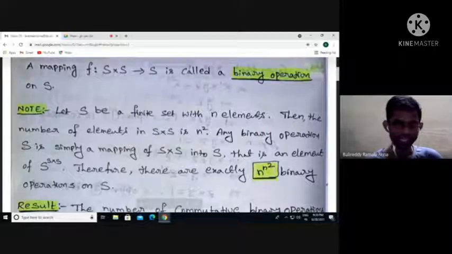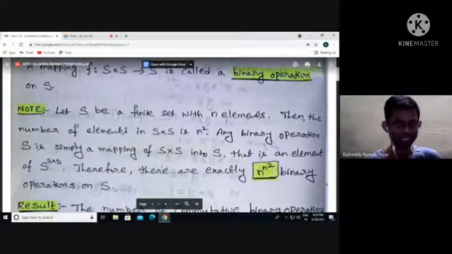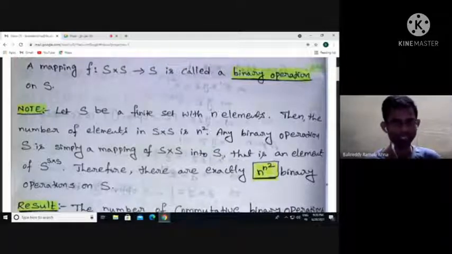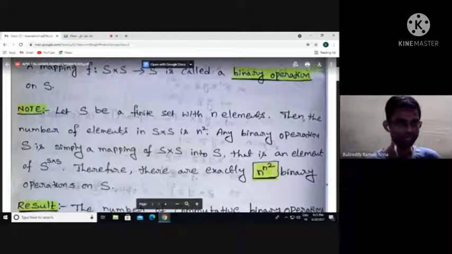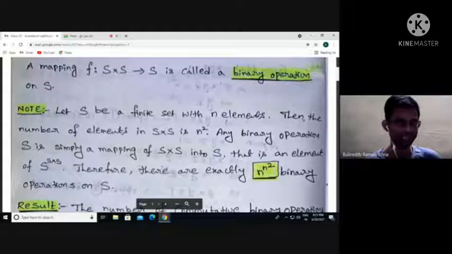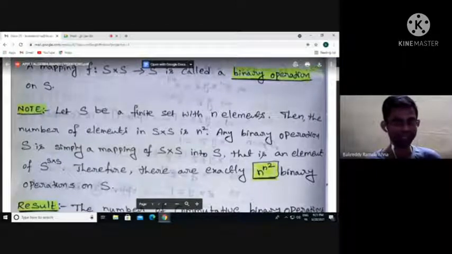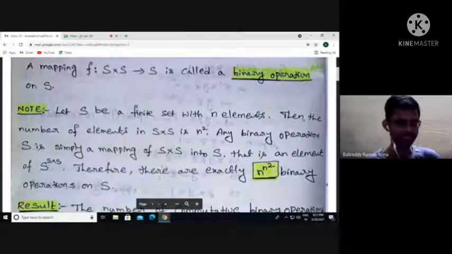And any binary operation on S is simply a mapping of S cross S into S, that is, an element of S to the power S cross S. Therefore, there are exactly n to the power n squared binary operations on a set S with n elements. Is it clear?